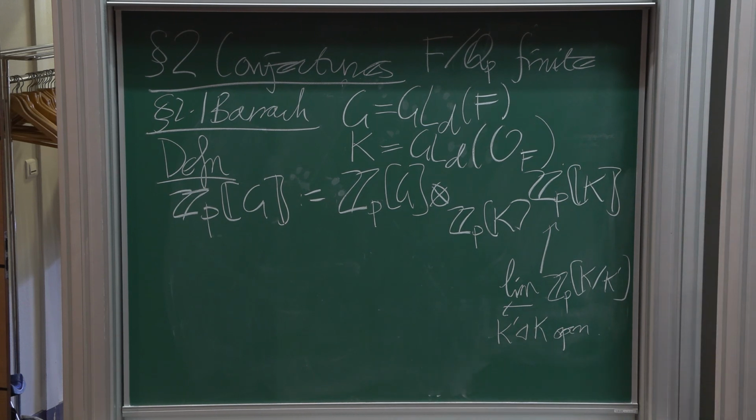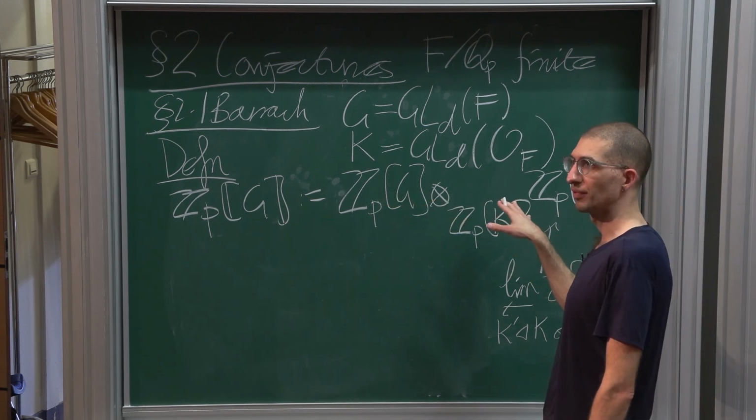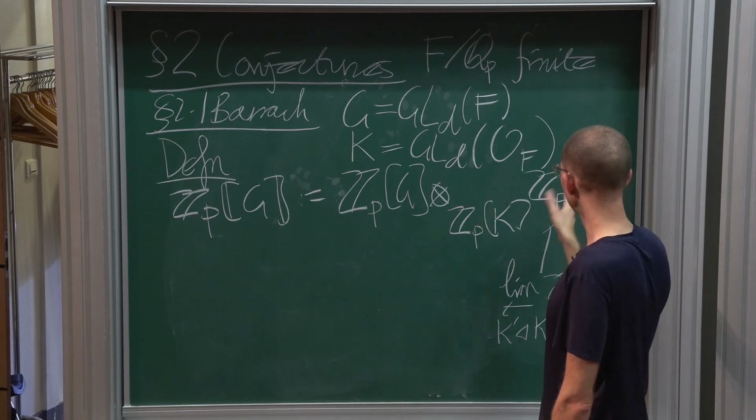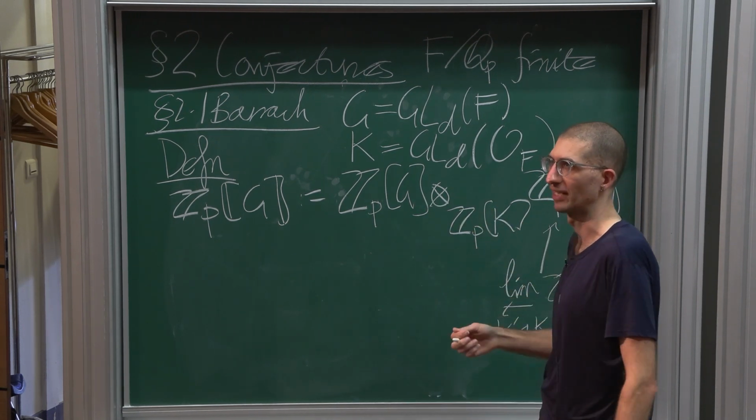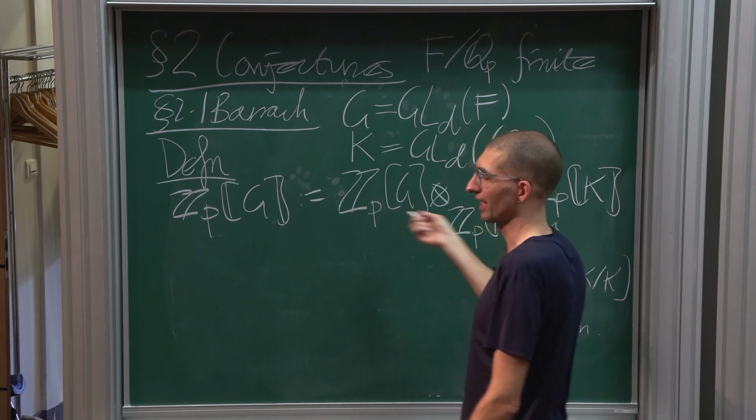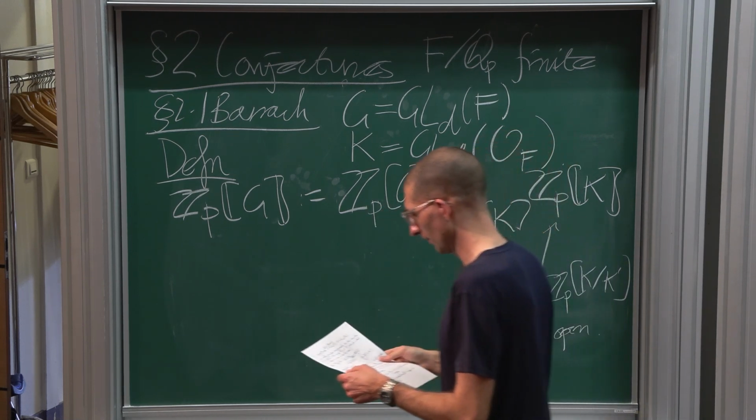From the definition it's maybe not immediately obvious that this is actually a ring, but in fact it is, and it's easy to check, just by the commensurability of compact open subgroups, that the obvious multiplication makes it a ring.